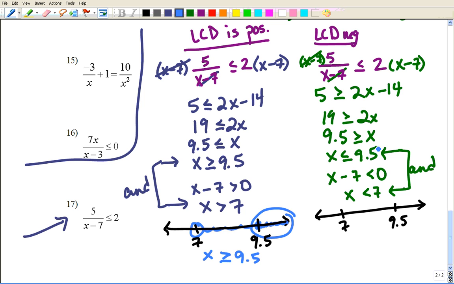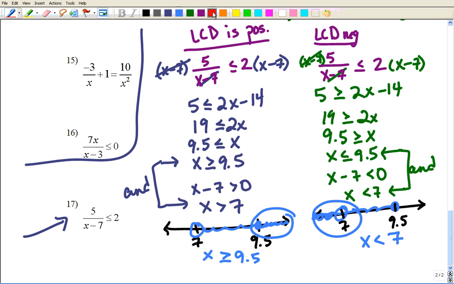We've got x is less than or equal to 9.5, and x is greater than 7. Or I'm sorry, x is less than 7. Silly me, x is less than 7. For the overlap, that's right here, and that's summarized by x is less than 7.